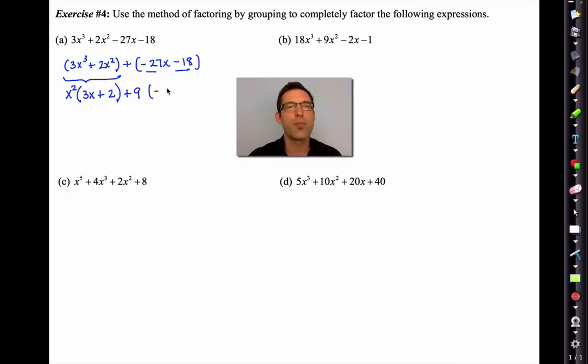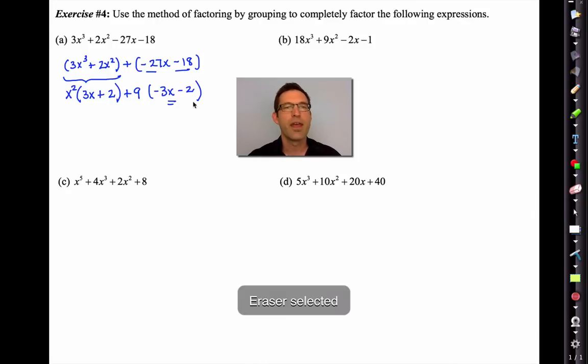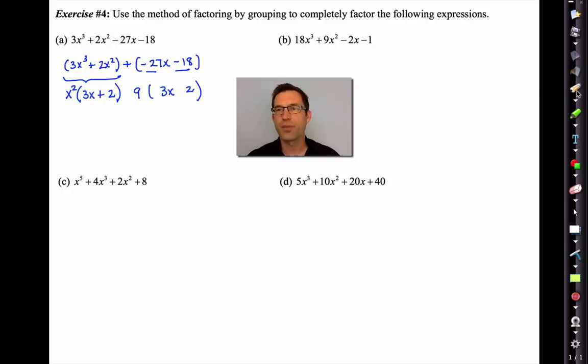Now, I'm going to go back and change this, so don't write this down yet. I could factor a 9 out, but notice this binomial and this binomial are not the same. Okay, this could be the trickiest thing about factoring by grouping. Almost always, if possible, I'm going to want to factor out a negative.